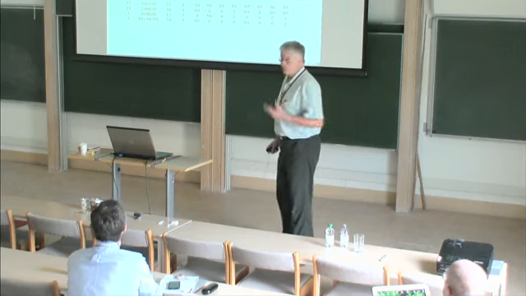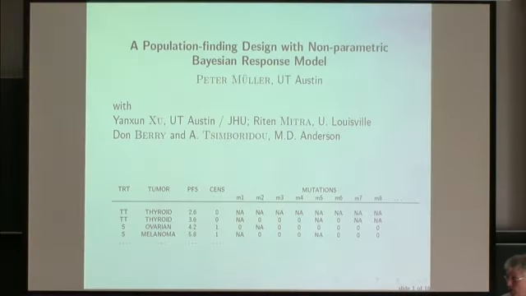I want to tell you about just one possible way of implementing the scheme that Vlad talked you through here. What you see at the bottom is data for a trial that's currently going on at MD Anderson. This is a study for targeted therapy for metastatic cancer patients.